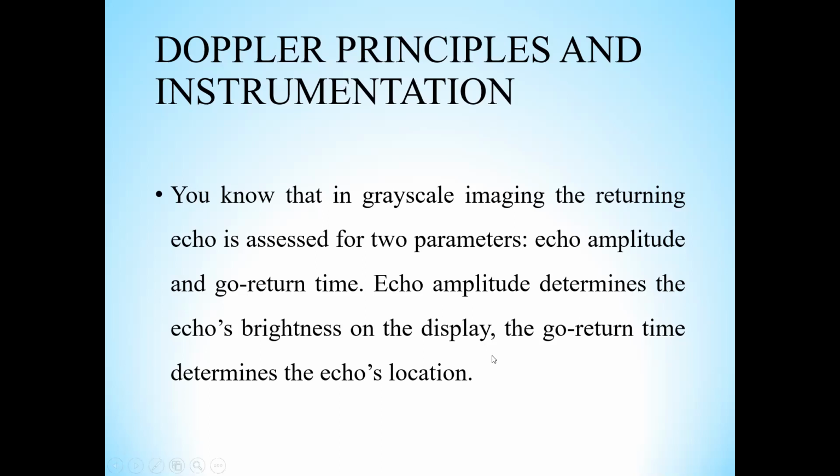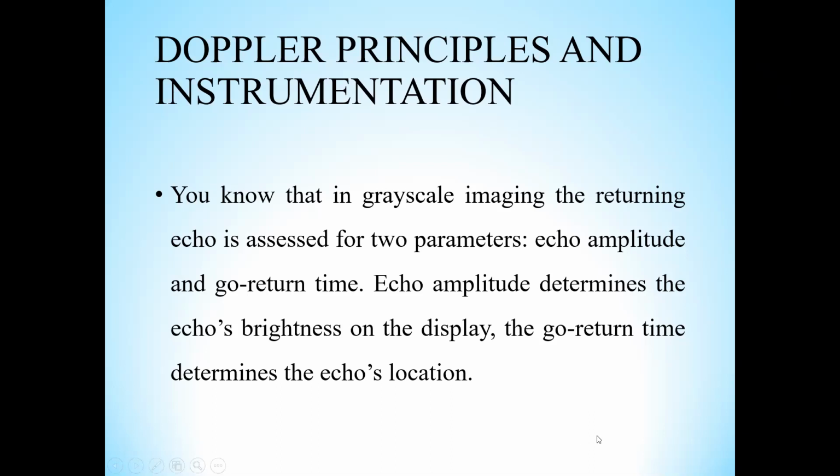If any echo takes a longer go-return time, it will be placed far apart from the transducer, and any structure taking less go-return time will be displayed near to the transducer.